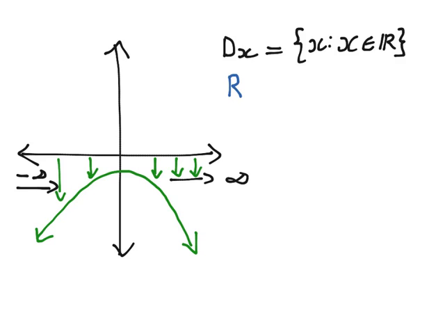Now the range applies to y values. So in other words, given a set of x values, what y values can we expect from this graph? So for instance, if this graph here cut the axis at -1, then clearly we can never get a y value greater than -1.